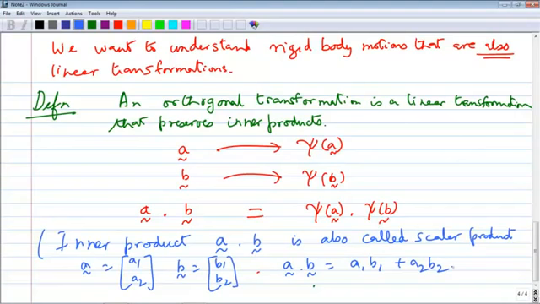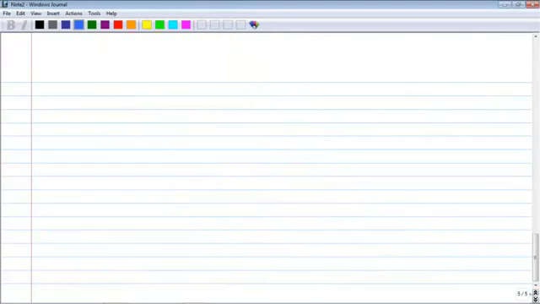Okay. So this is the definition. So essentially what I'm saying is inner products are preserved. Any linear transformation which has this property is called an orthogonal transformation. So let's try to understand some properties of orthogonal transformations.